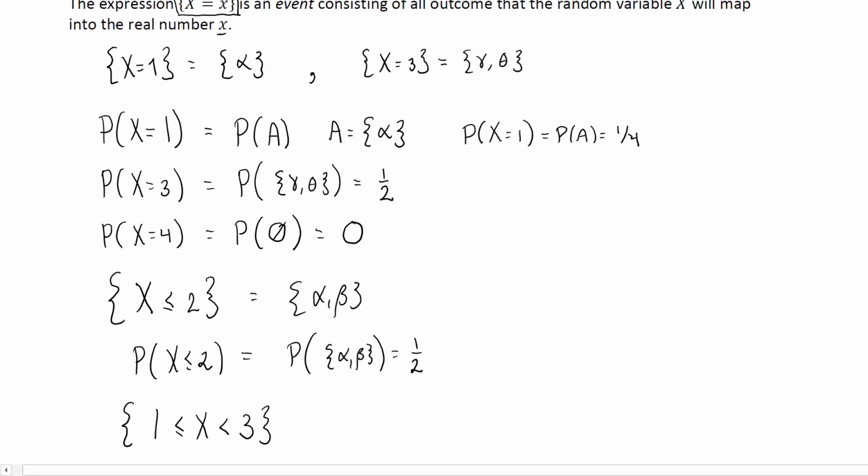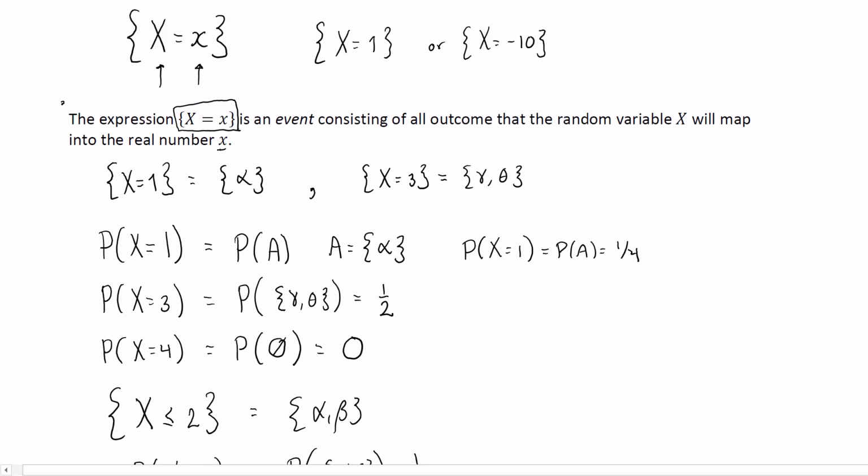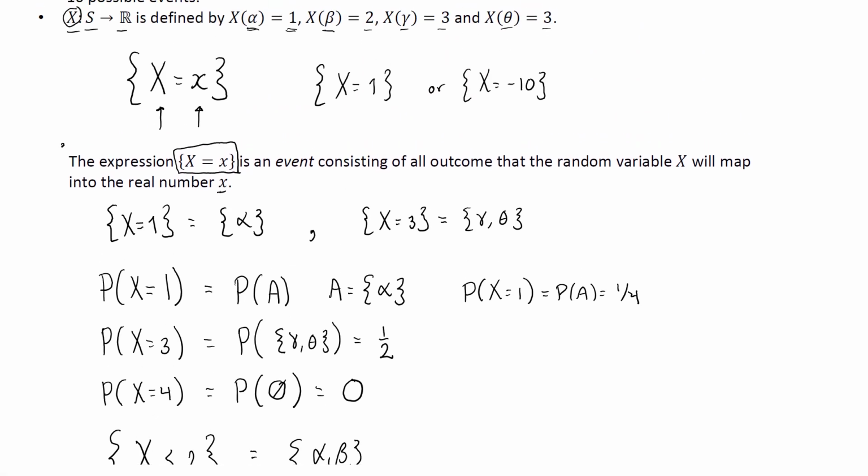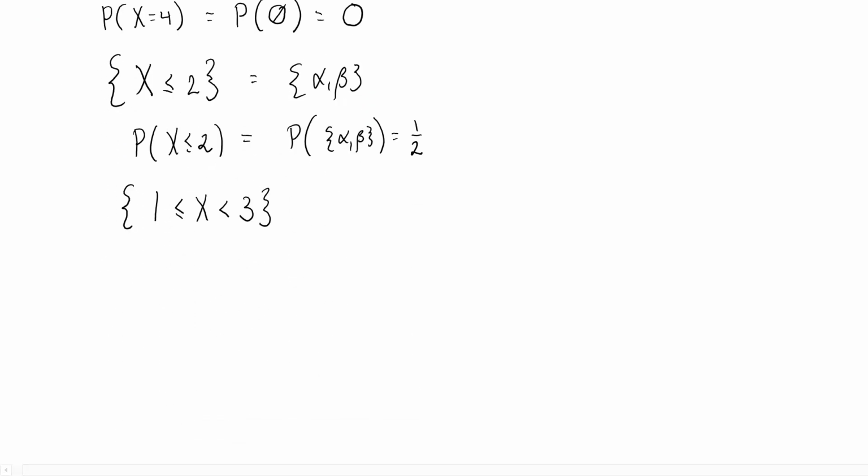Greater than or equal to 1, less than 3, and going back to the random variable X, we see that that includes alpha, beta, but not gamma and theta, because we want it to be less than 3. So this is again {alpha, beta}. We also write that P(1 ≤ X < 3) is then the probability of {alpha, beta}, which is 1/2.